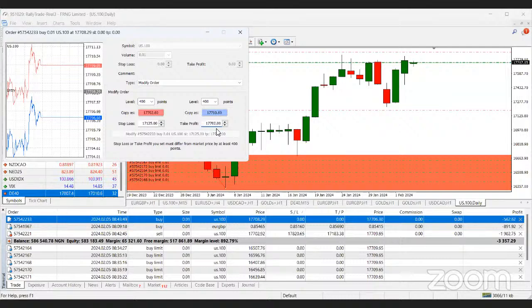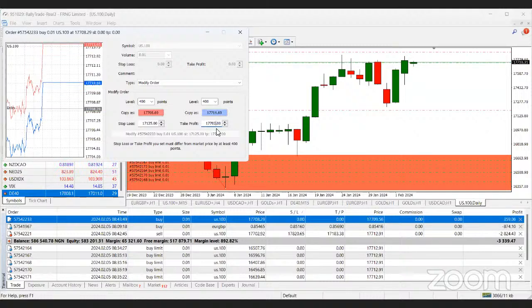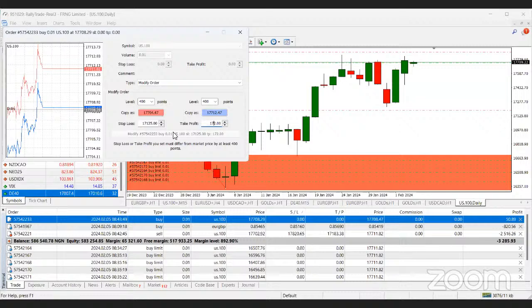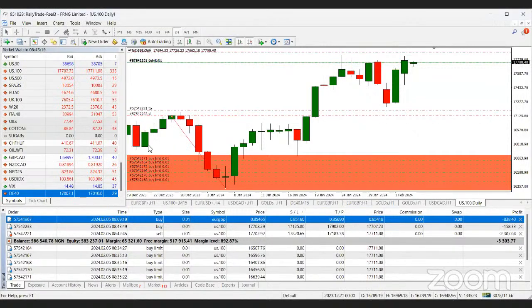Oh, it's not even accepting it. Stop loss 17820. Let me just do 17822. Or let me even do 89. Okay, so I have a buy and a sell.